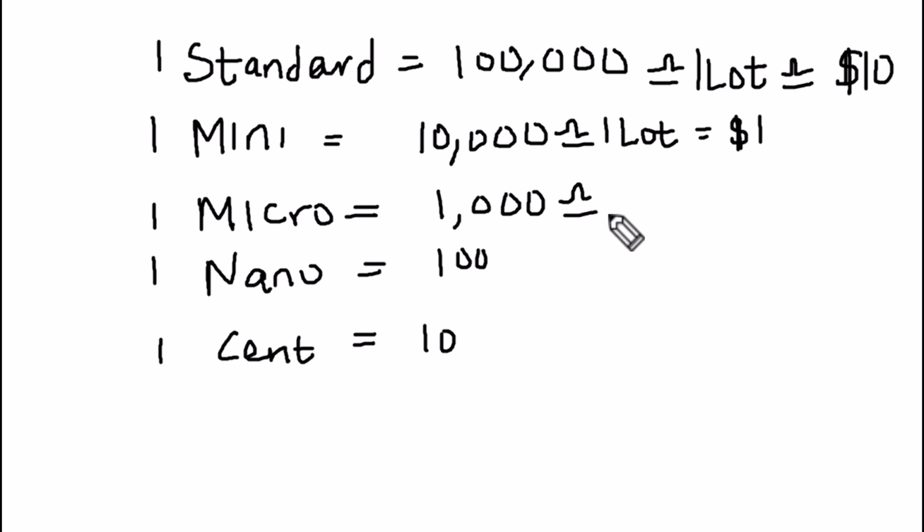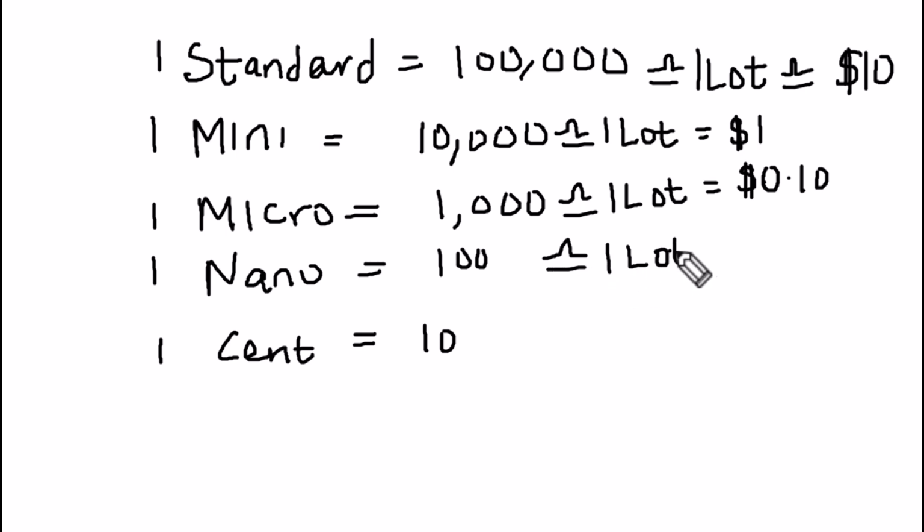On micro account, if you initiate one lot size, that is what? Can someone give me an answer to that? 0.1. Thank you. Now on nano account, if you initiate one lot size, 0.01. And on cent account, I don't even know how we put this one now.